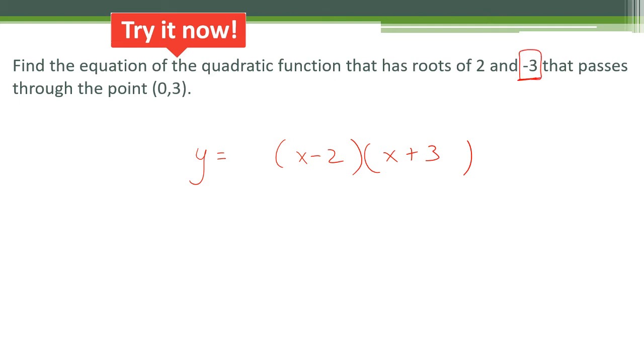Don't forget x minus s or x minus r, so x minus negative 3, two negatives make a positive. And then the money step here, the a value. Hopefully you got negative 0.5 or negative 1/2. If you did, fantastic. If you didn't, that's okay. Hopefully you realize where your mistake was.